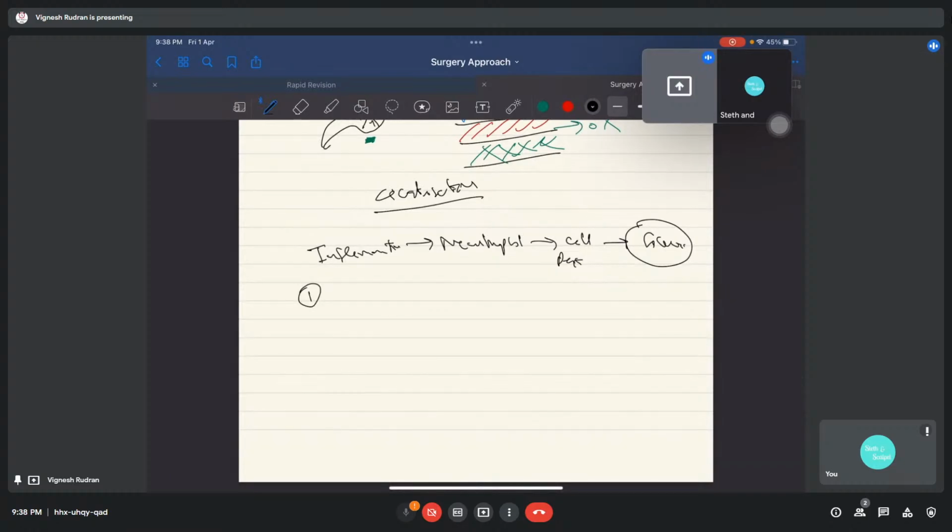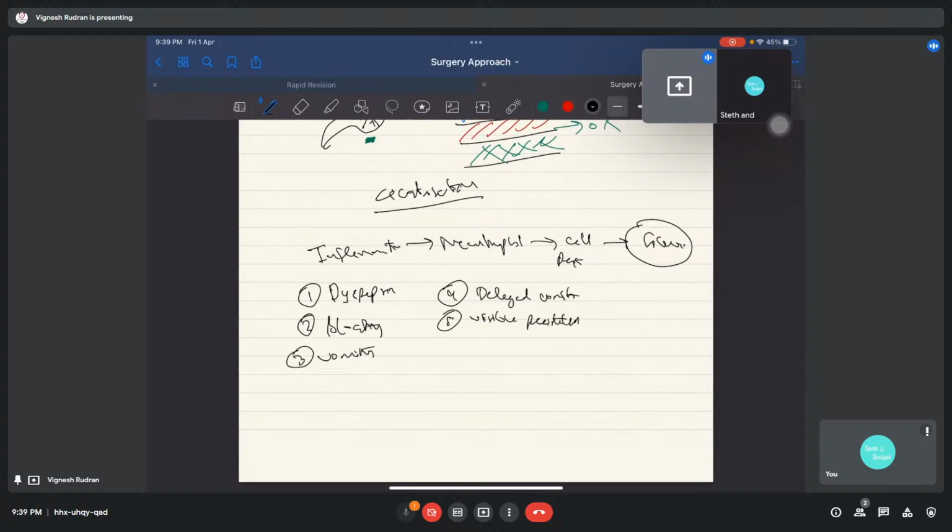One, you can have dyspepsia. Okay, then you can have bloating. You can have vomiting. Then, as I said, pyloric stenosis and gastric outlet obstruction. So you will have delayed vomiting, and then the stomach will get distended. So you will have visible peristalsis.